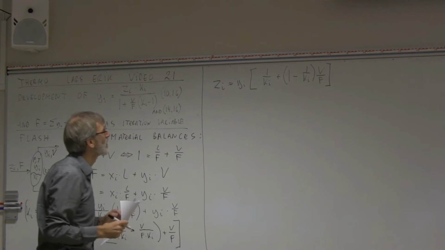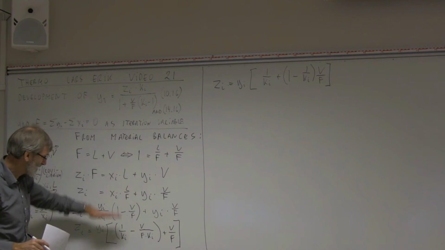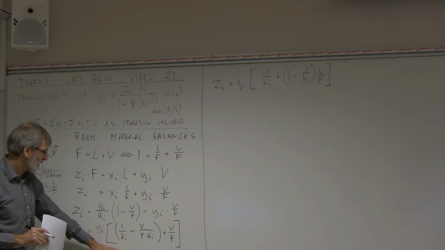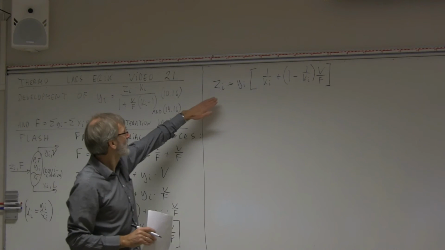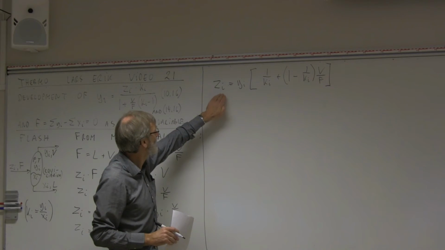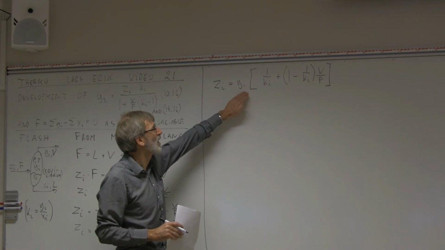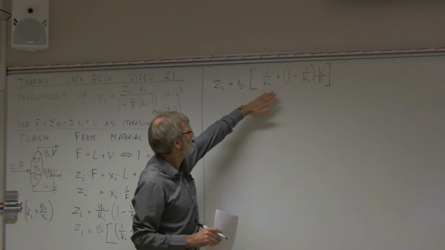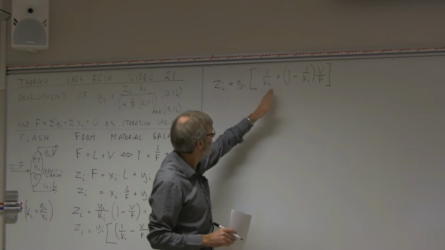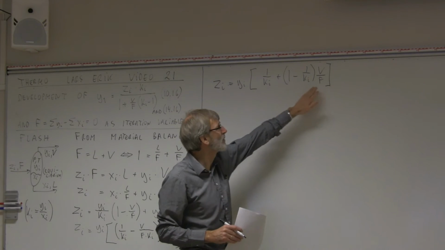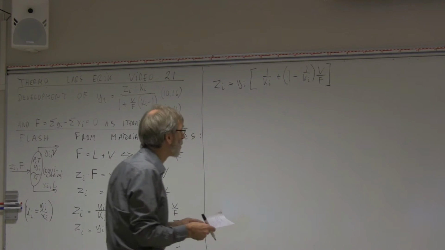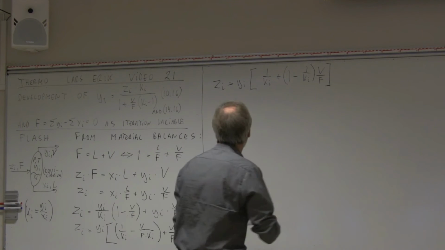The reason why we did this manipulation is that now z_i is expressed by the y, and else there are the K values and the V over F ratio.